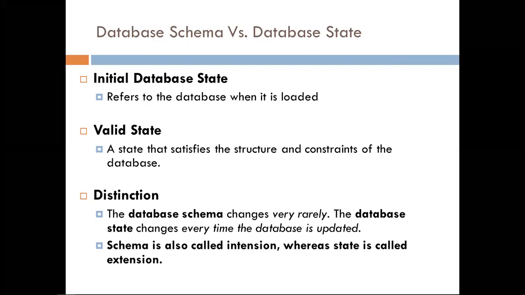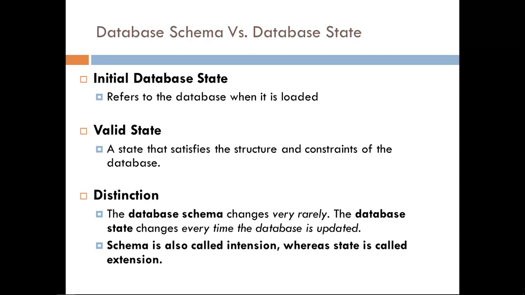For example, when all of your data is stored in a college database for the very first time, all your semesters would be in first sem, that is, the sem value will be 1. That state of the database is called the initial database state.